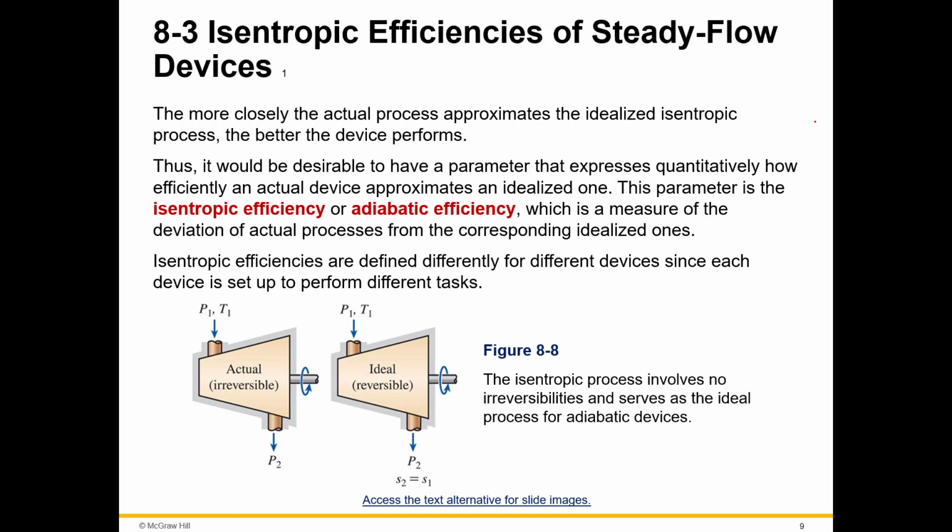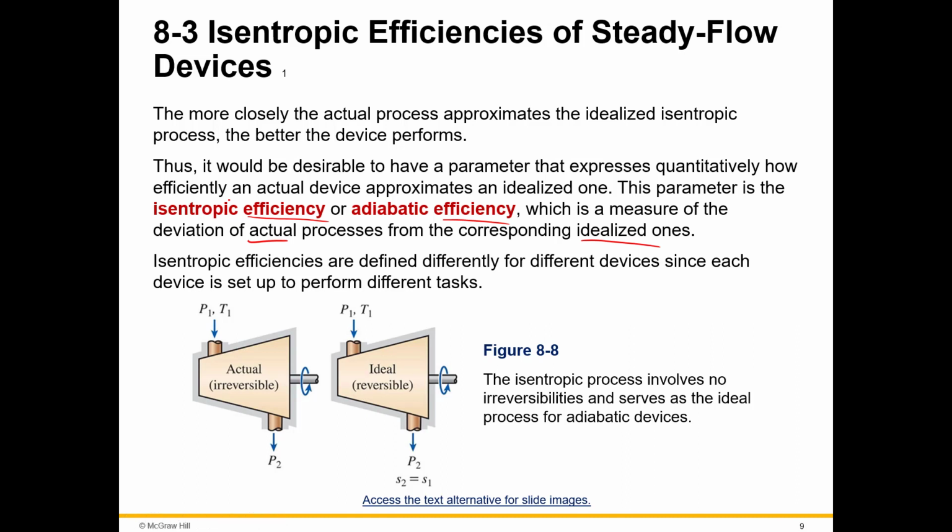This parameter is the isentropic efficiency or adiabatic efficiency, which is the measure of the deviation of the actual process from the corresponding idealized one. It's going to measure actual to idealized to give you efficiency, whether it be isentropic or adiabatic.